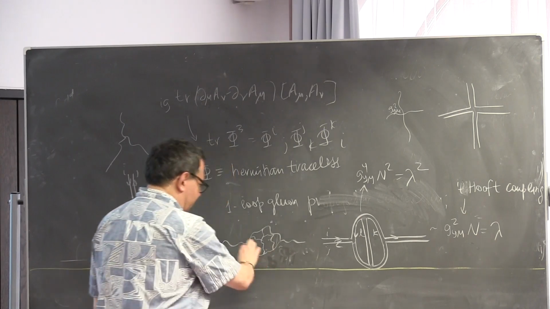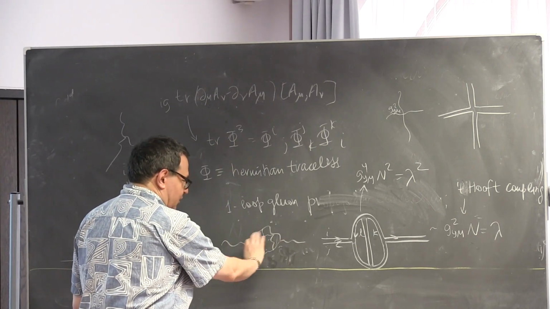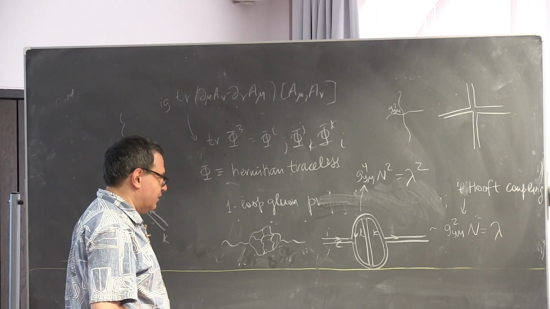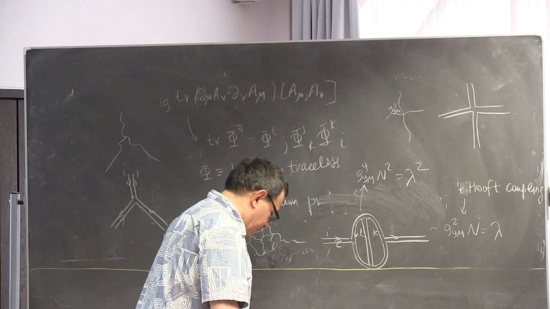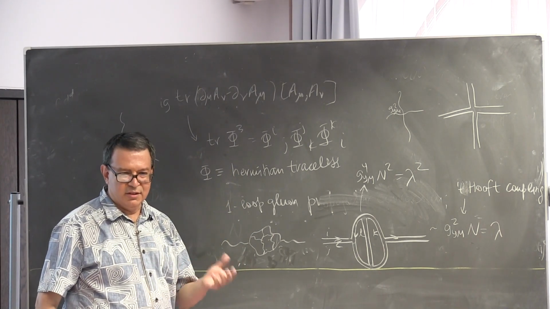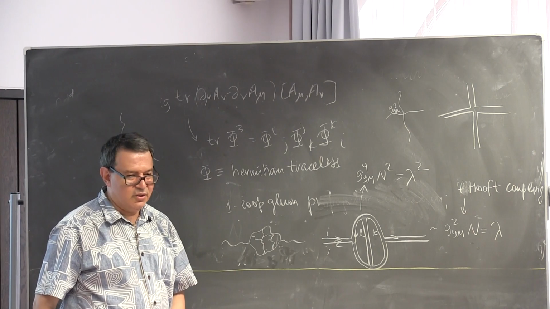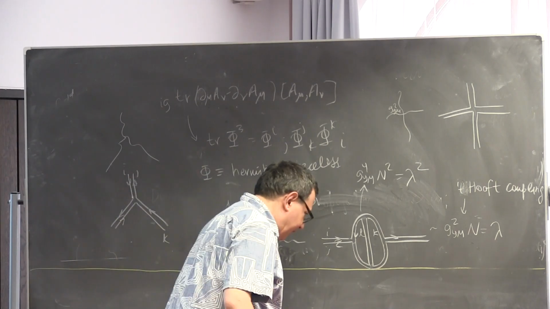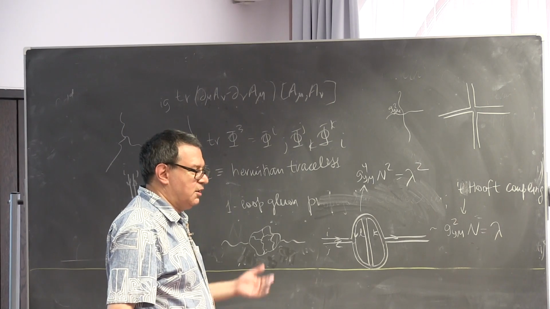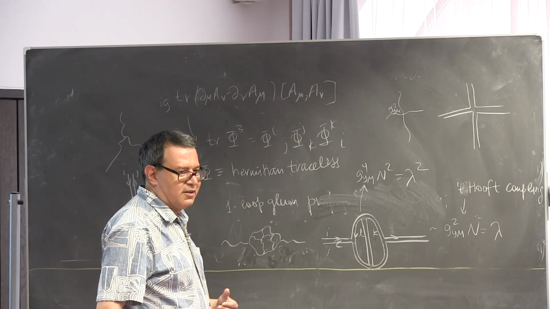And then you will discover that anything that can be drawn in a planar fashion is still surviving, is still not suppressed. I'll show why this is in general at the beginning of the next lecture. But the moment the graph cannot be drawn in a planar way, you immediately get suppression by 1 over N squared.